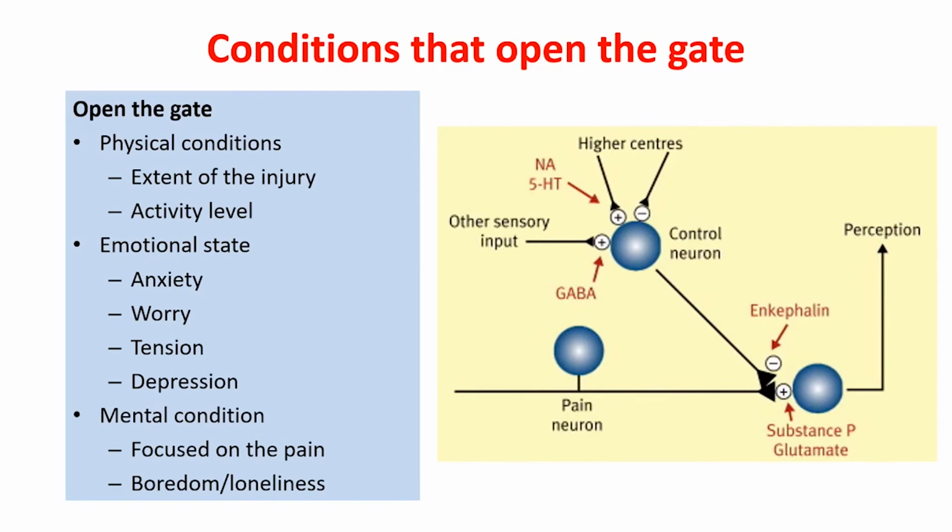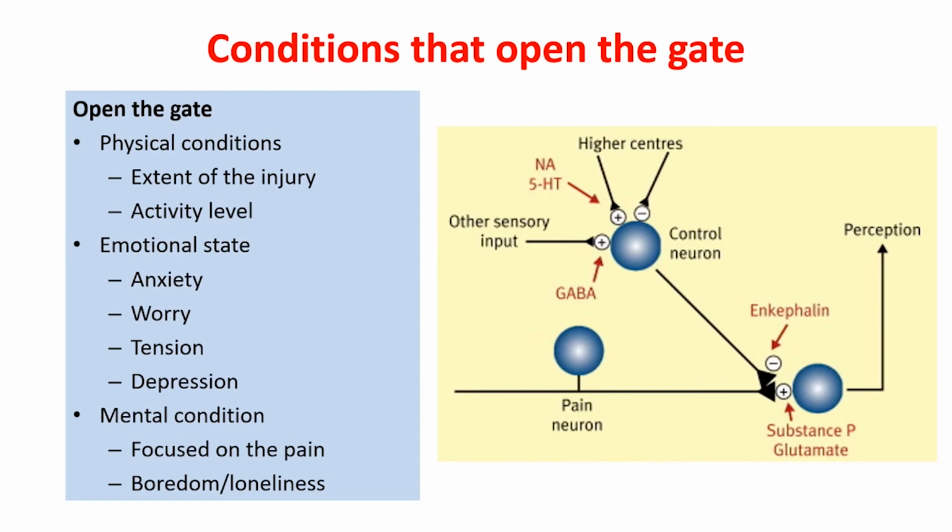The emotional states such as anxiety, worry, tension, depression, all these things open the gate, as they come through the higher centers. Those higher centers will inhibit the substantia gelatinosa cells, so that the gate is kept open.